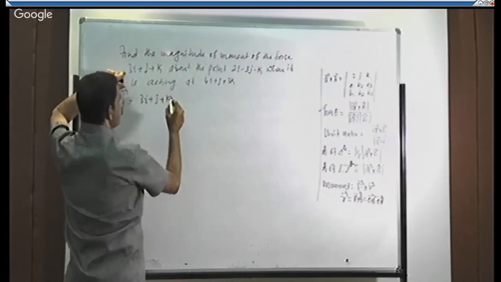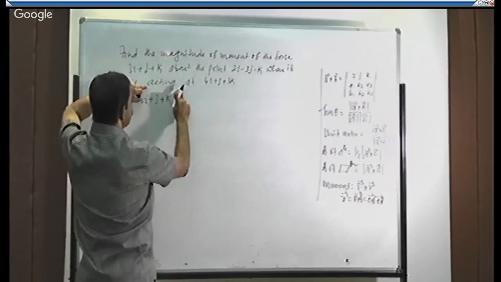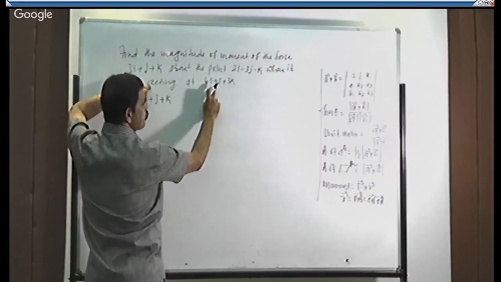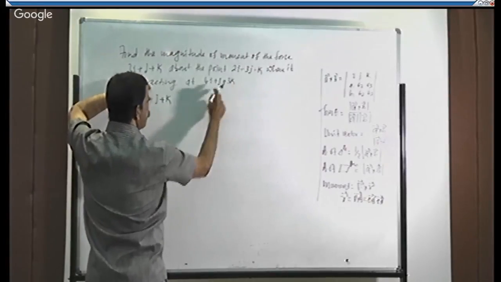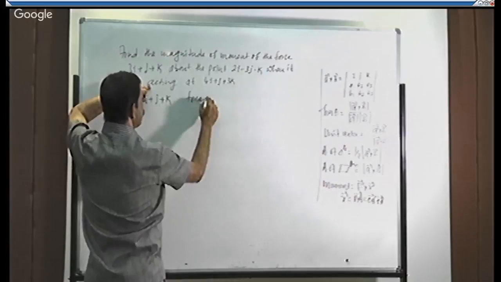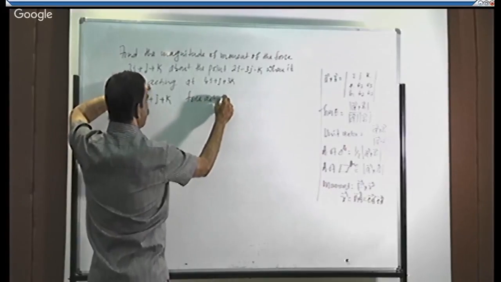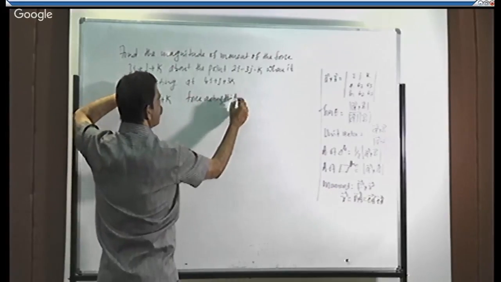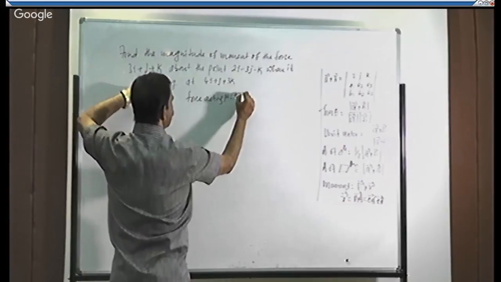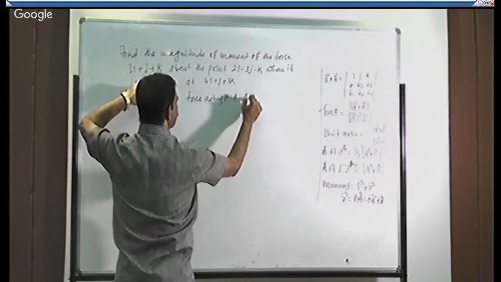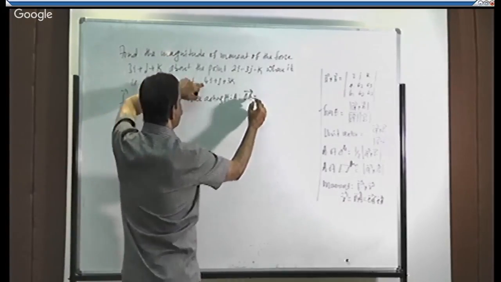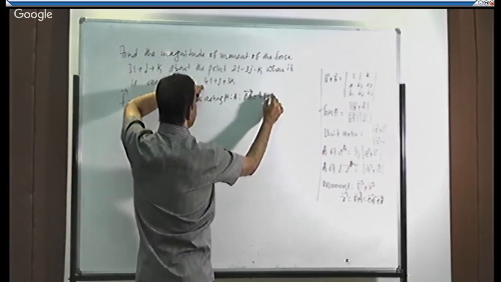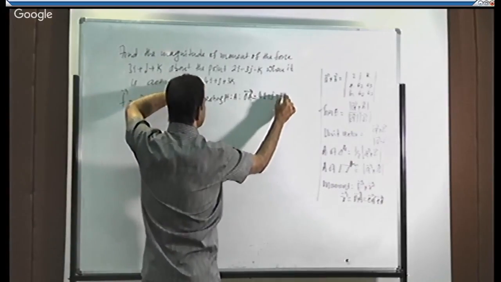Which is the force acting point? Force is acting at this, so that means this is OA. The force acting point is A. They have given OA itself. Therefore, OA is equal to 4i plus j plus 3k.